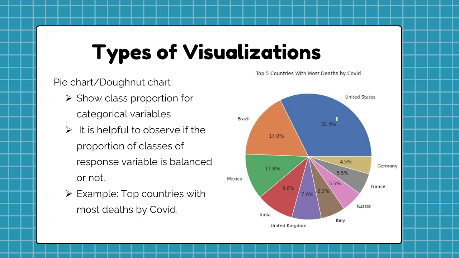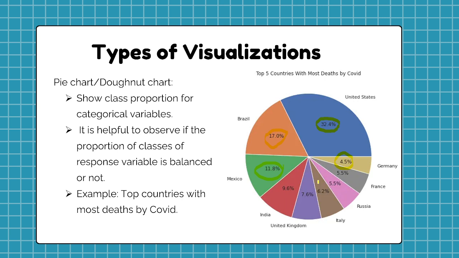When we look at this pie chart, you can see that all the statistical values are represented in percentage, right? Different groups, which are the countries, are illustrated or differentiated based on different colors. And if we sum up all these percentage values, it will be equal to 100%.